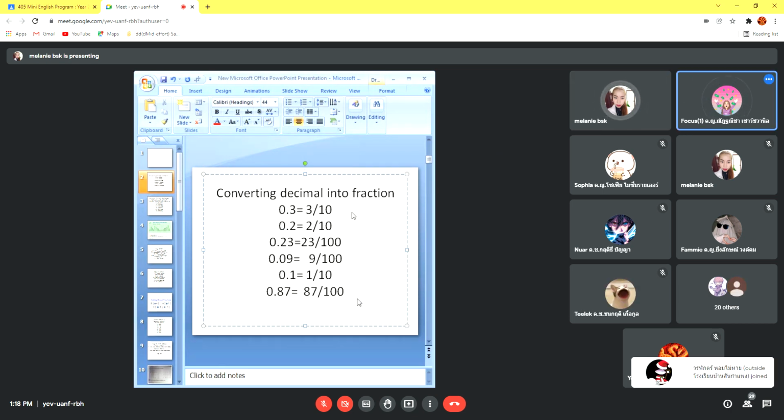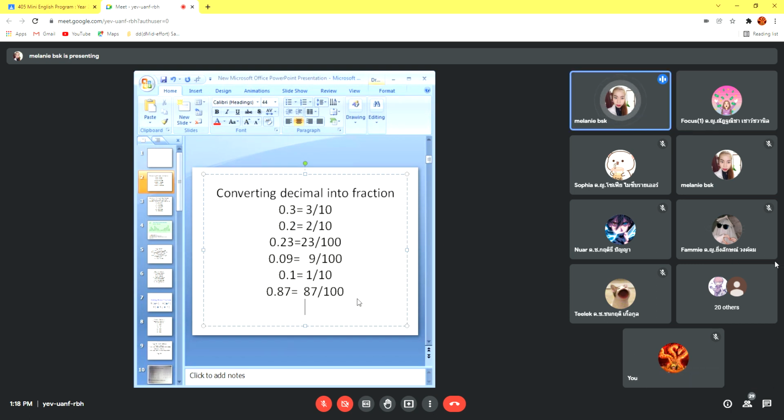Can you follow now? Yes or no? Okay, great. One more thing. What if we have a whole number? For example, we have 6.35, children. So how are you going to write this one? 5 is in the hundredths place. So if you write this one in the hundredths place, the denominator should be 100.